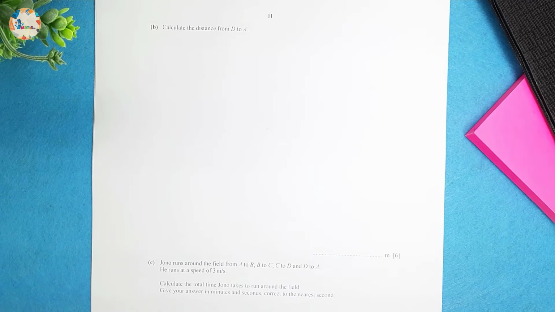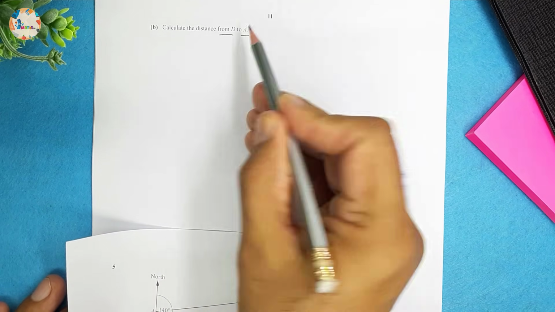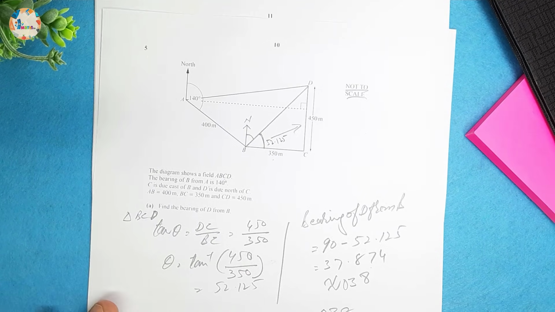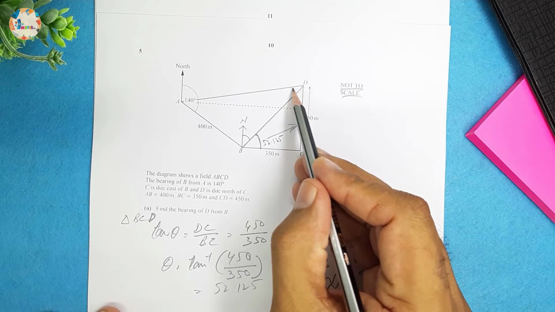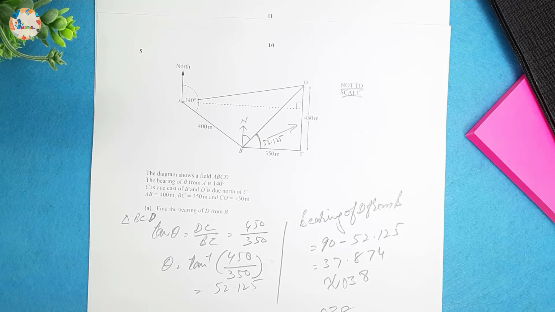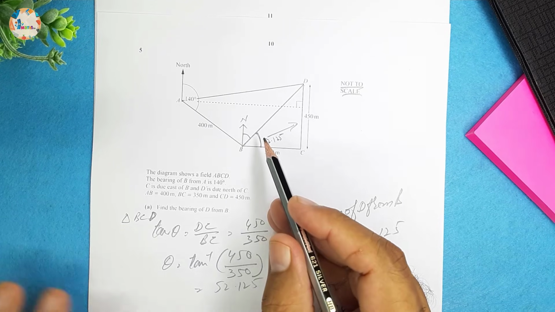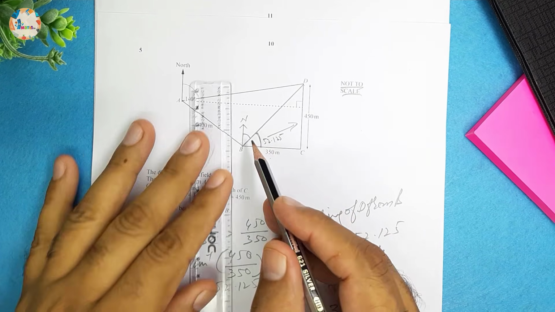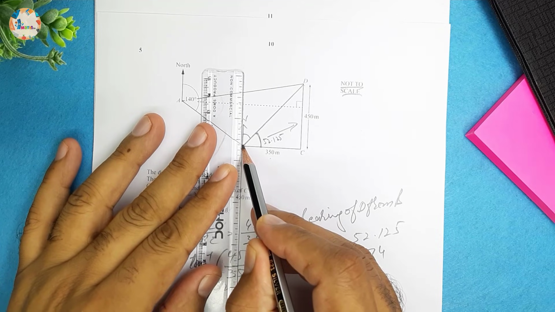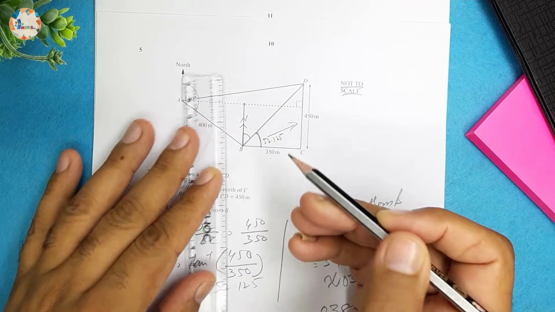So this is done. Now part B: calculate the distance from D to A. This distance is basically required. To calculate it, we will be checking the sides. The easiest way to solve this question is to extend this north line and join it with this dotted line.